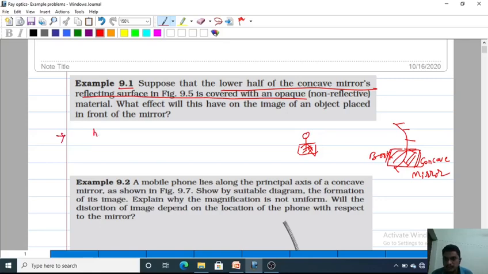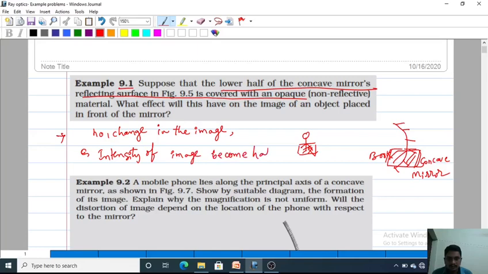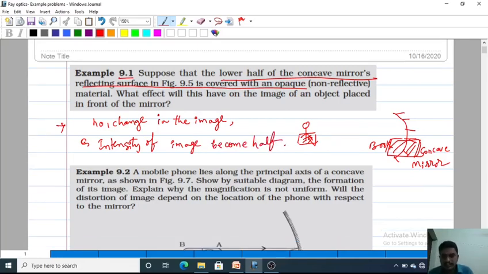So the answer is no change in the image, just the intensity of the image becomes half. Okay, so this is the answer to example 9.1.